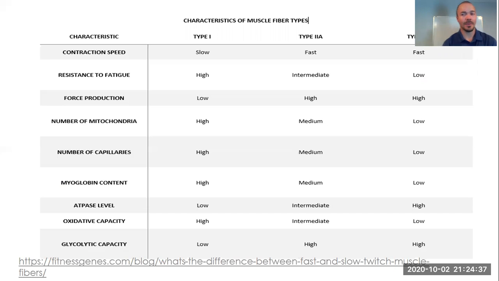So I obviously want my cross country runner to be fast, but the type of speed that they need might come more from that type 1 muscle fiber.